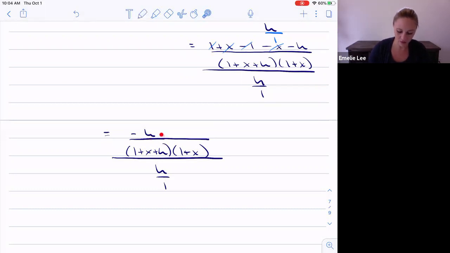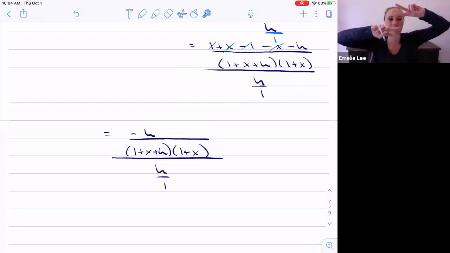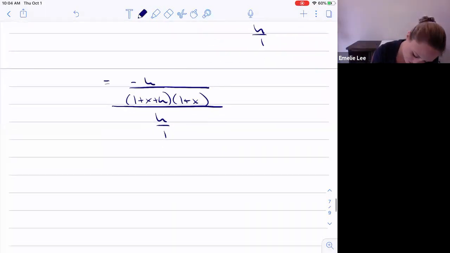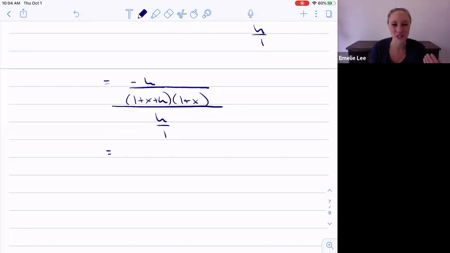Why do I say that? Well, I've got a fraction over a fraction. When I flip that h over 1, it becomes 1 over h. And it looks like I'll be able to cancel those h's. We haven't done difference quotients yet, but that h will always cancel, and that's what's so nice. If you're finding that the h's don't cancel, then you've done something wrong.